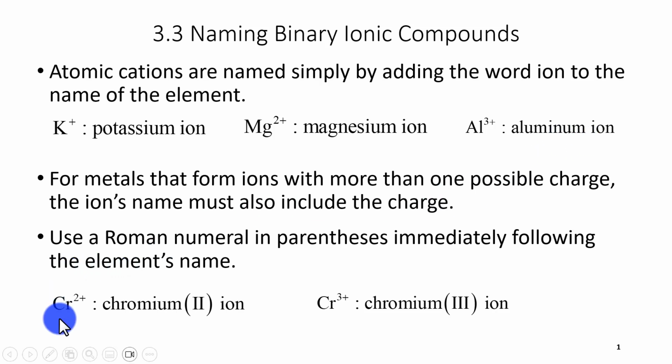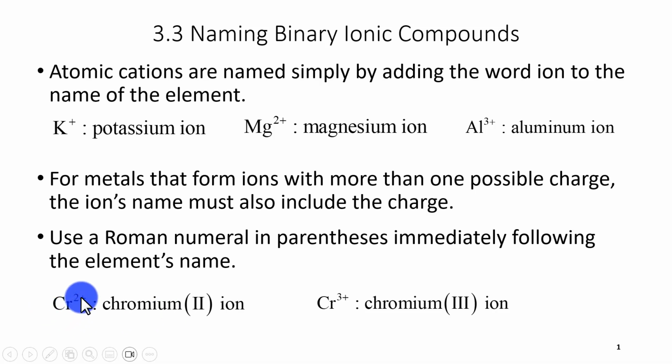For example, chromium can form multiple ions, and here we have chromium 2+ and chromium 3+. If we just wrote chromium ion, there is no way to differentiate between the 2+ ion or the 3+ ion. The way to do that is by writing the charge in Roman numeral in parentheses following the name of the element.